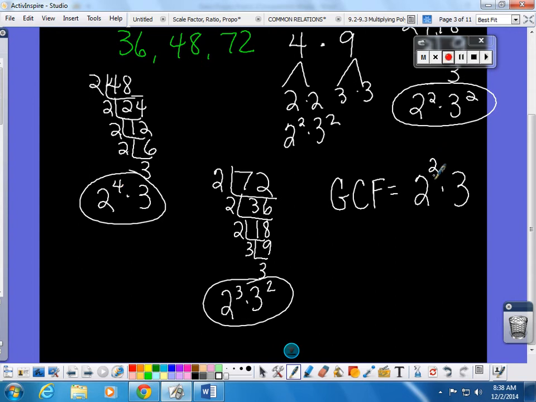What's the smallest exponent of 3? 1. What's 2 squared times 3? 4 times 3. That's the no-nonsense way of finding the greatest common factor. If you do their prime factorizations, and you take every common factor for all of them, and then take the smallest exponent of each one, you got it without having to think. You go all the way and figure out that it's 12.